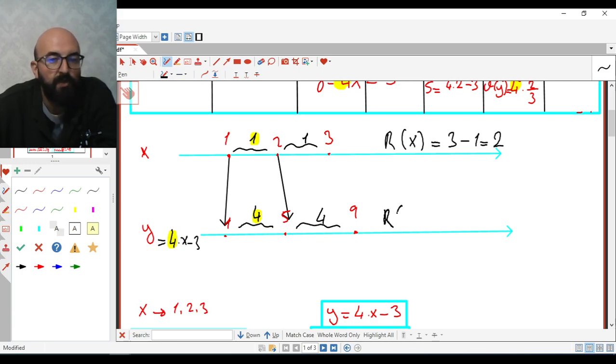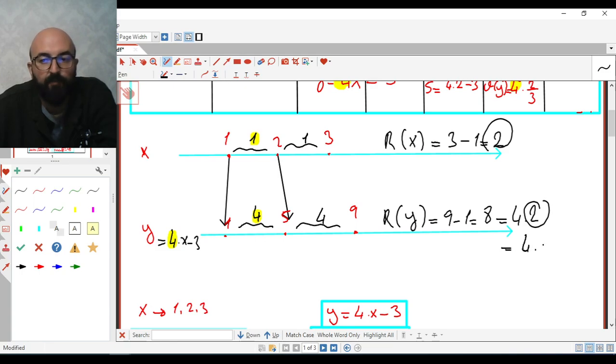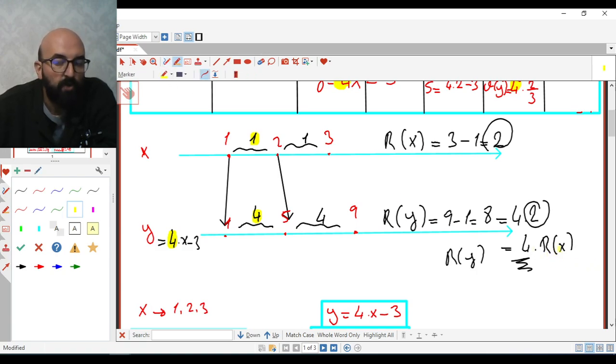If you want to write the range of y, 9 minus 1, 8, and 8 is also 4 multiply 2. 2 is the range of x, so I can write 4 multiply the range of x, and the range of y is 4 multiply the range of x. So this 4 means the factor of x.